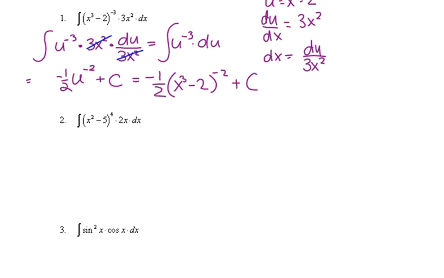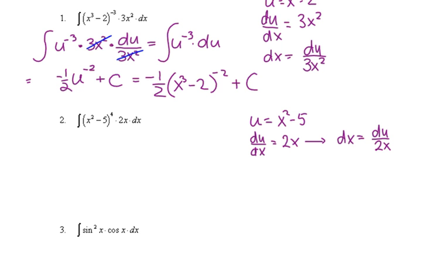Okay, so what's our u going to be in this case? What do we want to replace? x squared minus 5. So du dx is 2x, meaning that dx is equal to du over 2x.